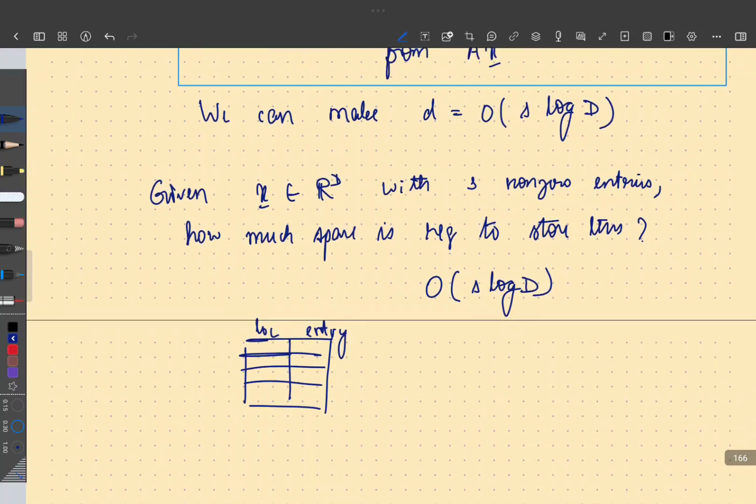Also, this s log D is in principle the best that you can do up to a universal multiplicative constant, because if you had to store S non-zero entries, then you would need at least s log D bits. So intuitively it feels that this should be information theoretically optimal.